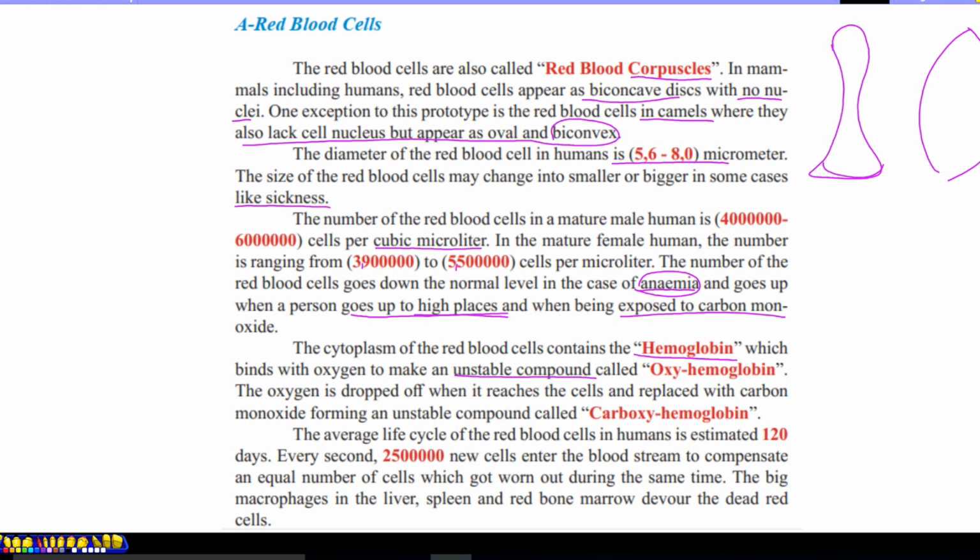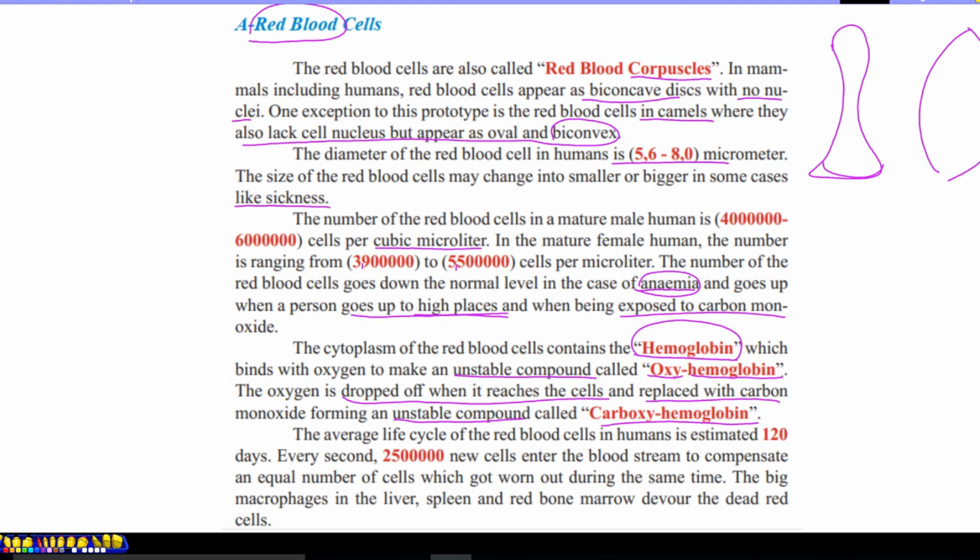The oxygen is dropped off when it reaches the cells, because hemoglobin captures oxygen from the lungs, drops it off when it reaches the cells, and then traps carbon dioxide, also an unstable compound, and leaves the carbon dioxide in the lungs again. So the function of hemoglobin is to transport oxygen and carbon dioxide in blood, which is also the function of the red blood cell: transportation of oxygen in the body.